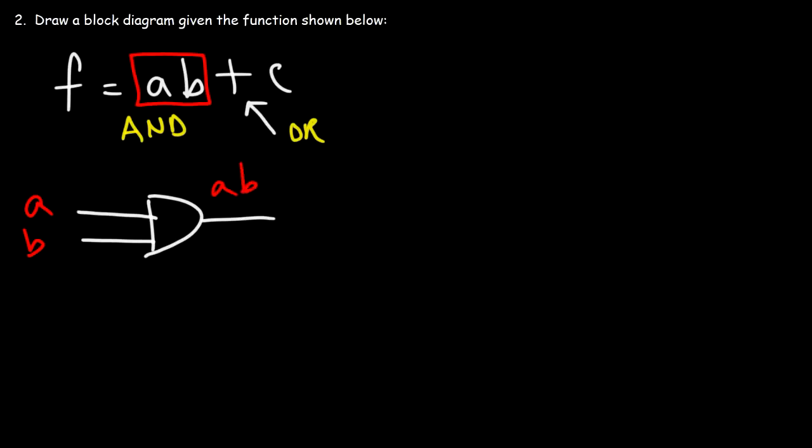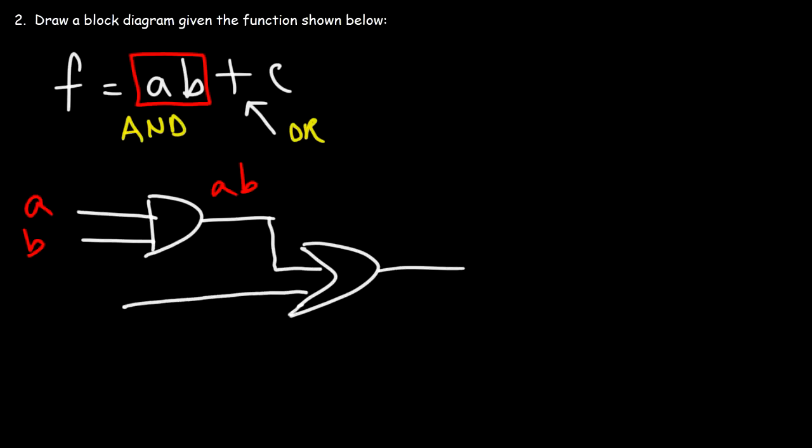Now we need to connect that with an OR gate. And then we need a new input, input c. So the OR gate will take the sum of these 2 inputs, and so we'll get the output ab plus c. And so that's it for that example.